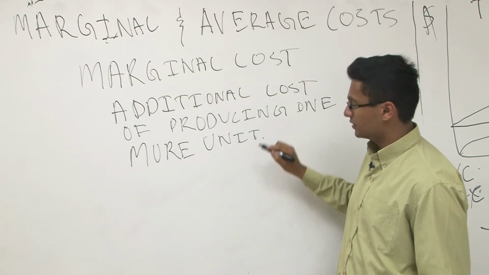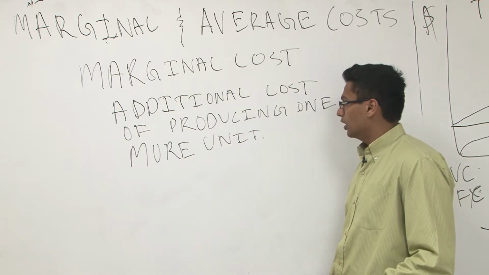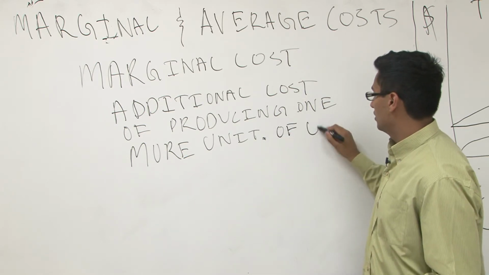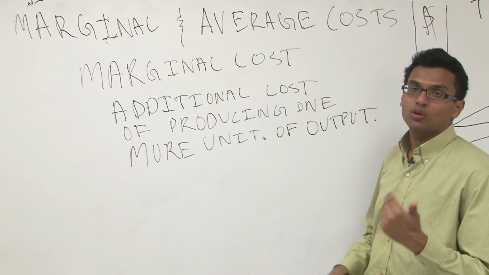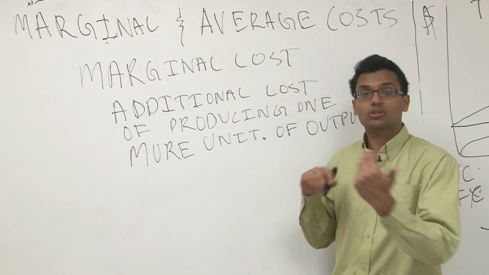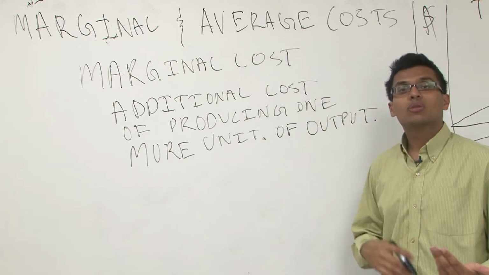And that's exactly what we said before, right? Unit of output. The way we have always talked about this is, what's going to happen if I add one more? That's what marginal analysis says. Marginal cost: if I add one more unit in my output, what's going to happen to my cost?